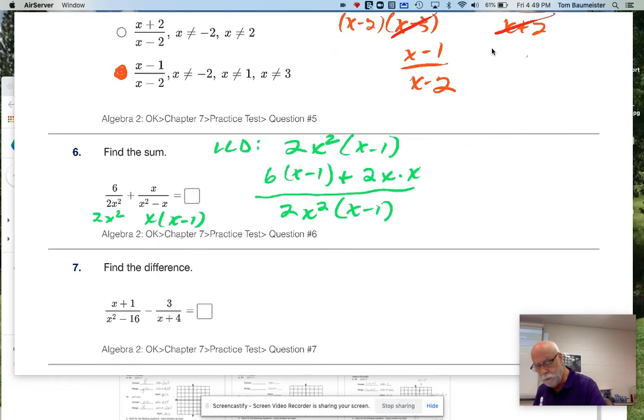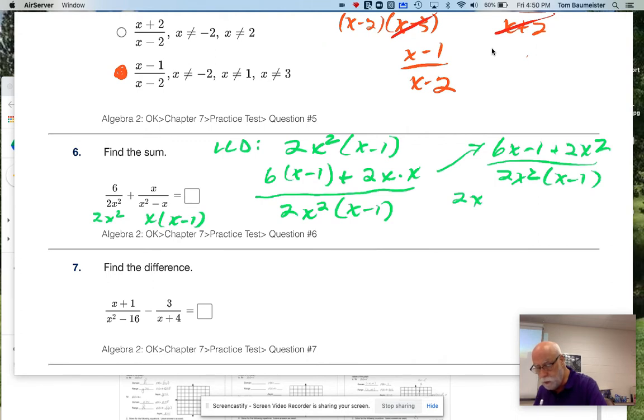Let's go ahead and simplify that now. So that'll give us 6x minus 1 plus 2x squared. You know, that's going to be over 2x squared times x minus 1. Let's go ahead and rewrite it in descending order.